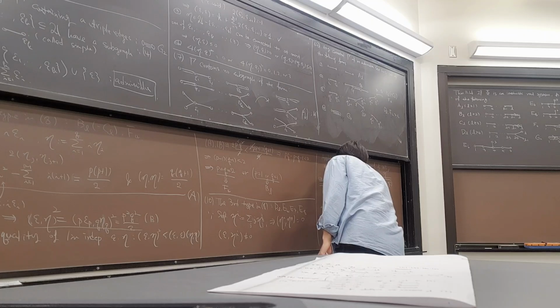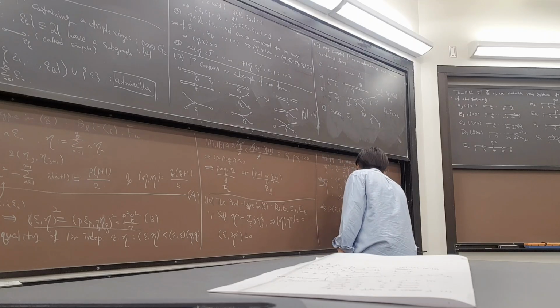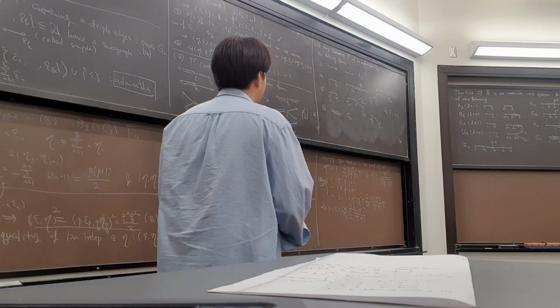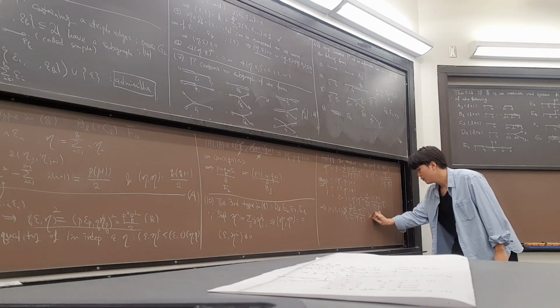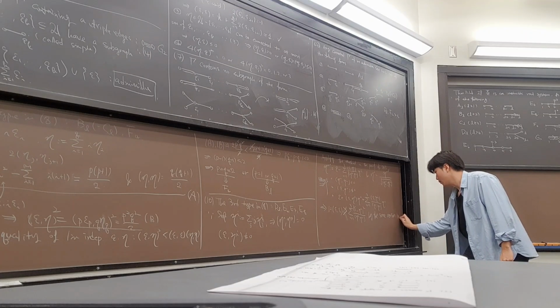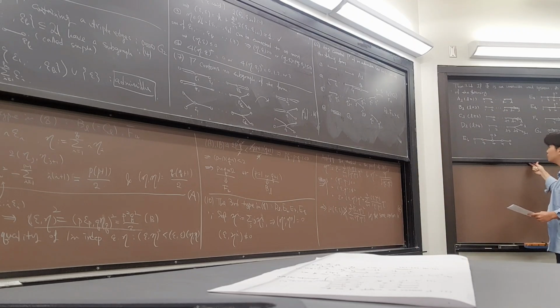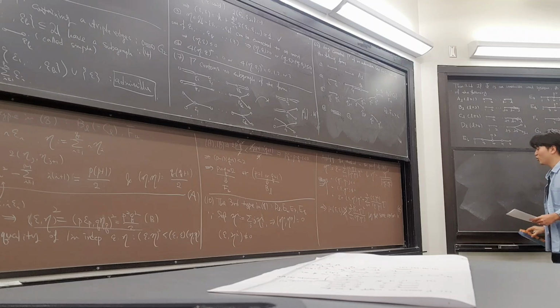So epsilon squared is 1, and by the same reason, this is greater than summation from i is 1 to 3 of epsilon u i squared. Almost done.